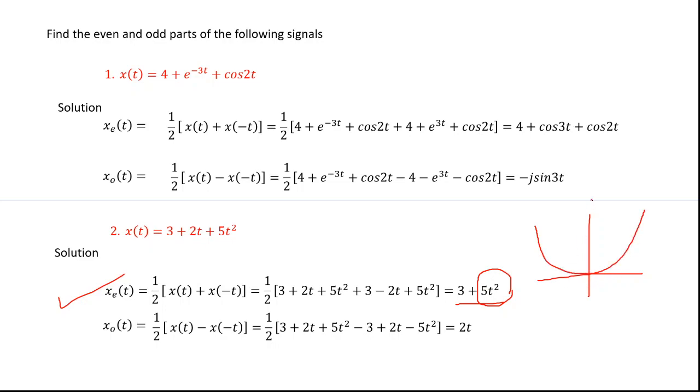We can see it is symmetric about the vertical axis. Similarly, 3 plus 5t square is an even function, and x odd of t, the odd part of x(t), is obtained as 2t, which is an odd function. And we can say that any signal can be represented as a sum of the even and odd signal.